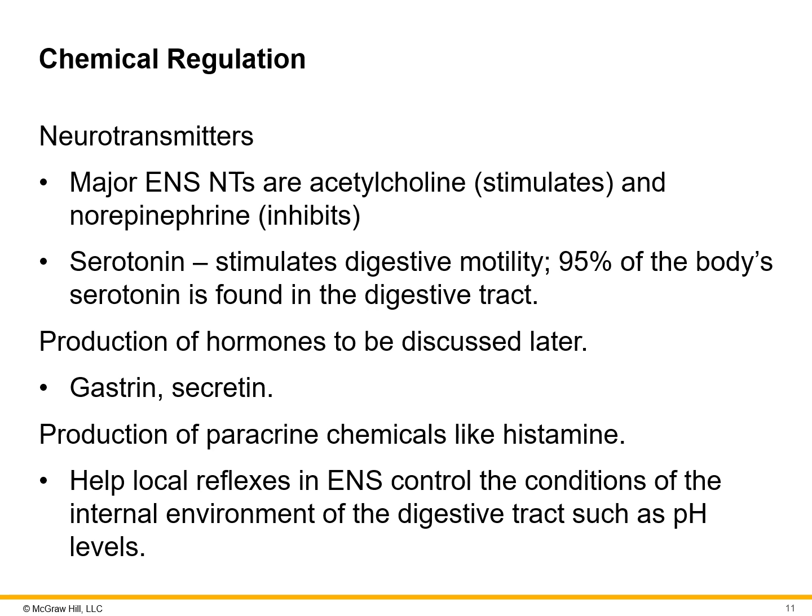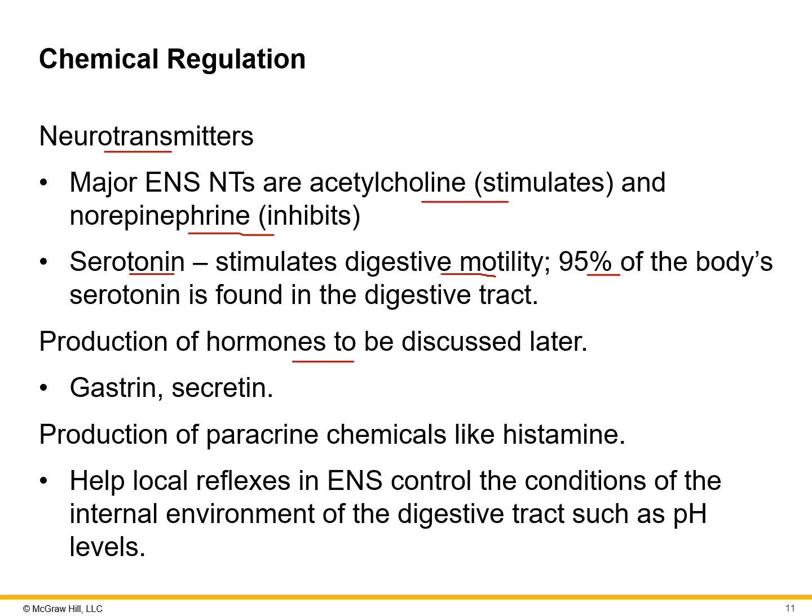Now, the chemical regulation, we have neurotransmitters, of course, within that local or general system. The main ones are acetylcholine that stimulates the enteric nervous system, and then norepinephrine is our fight or flight, so it's going to inhibit it. Also, serotonin stimulates digestive motility. About 95% of the body's serotonin is actually in the digestive system.